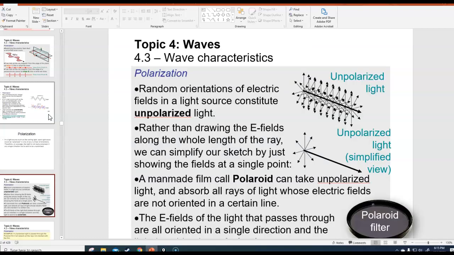Okay, so again, light is said to be unpolarized in the sense that the electric field parts of all the different electromagnetic waves in a beam of light are all oscillating in different directions. Now there is a man-made material called Polaroid, which can take unpolarized light and only allow through light that is polarized in a certain plane.